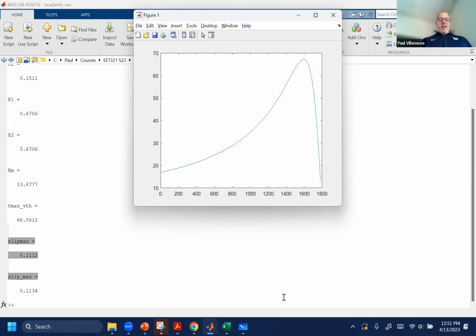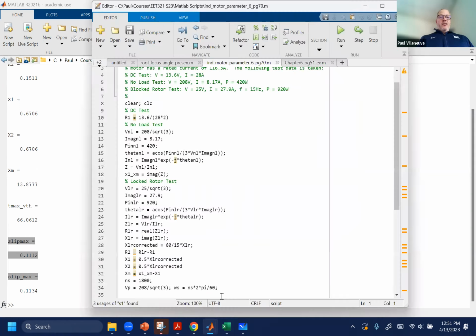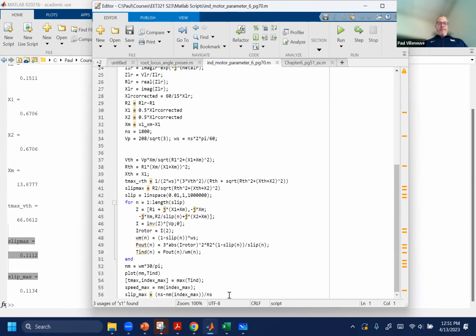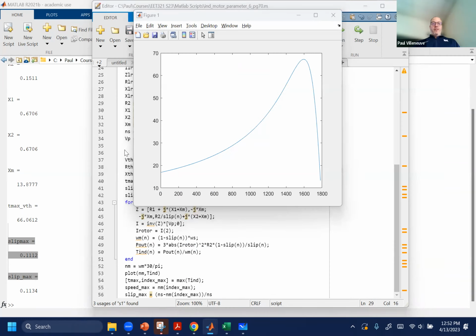But if you wanted to go back and change it, all you need to do is, when I do my plot over here, my R2 value right here, I can just go ahead and multiply this by 2. So let's put that in. Let me hold this curve.